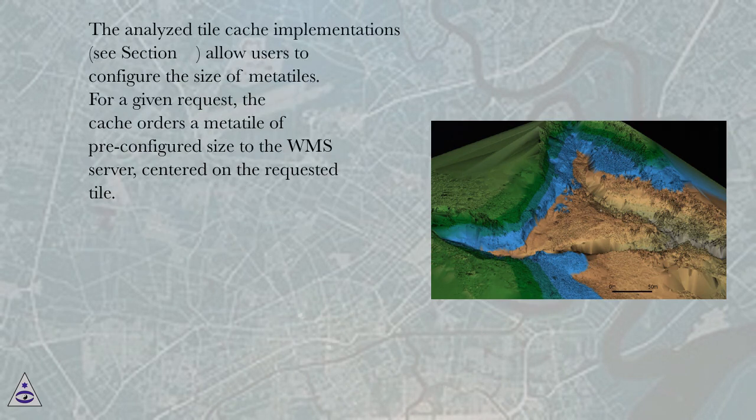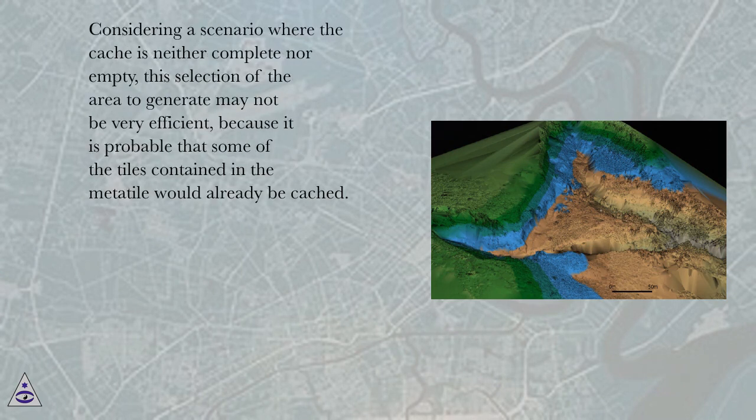The tile cache implementations analyzed, see section, allow users to configure the size of metatiles. For a given request, the cache orders a metatile of preconfigured size from the WMS server, centered on the requested tile. Considering a scenario where the cache is neither complete nor empty, the selection of the area to generate may not be very efficient, because it is probable that some of the tiles contained in the metatile would already be cached.